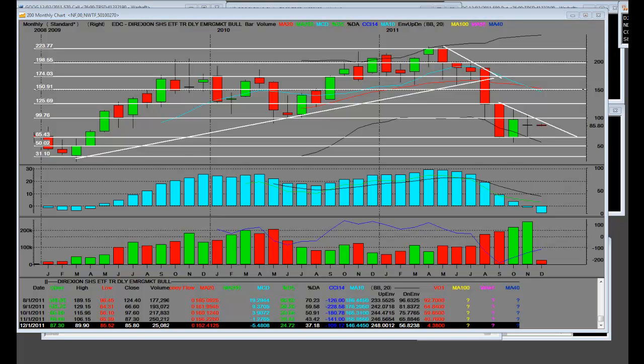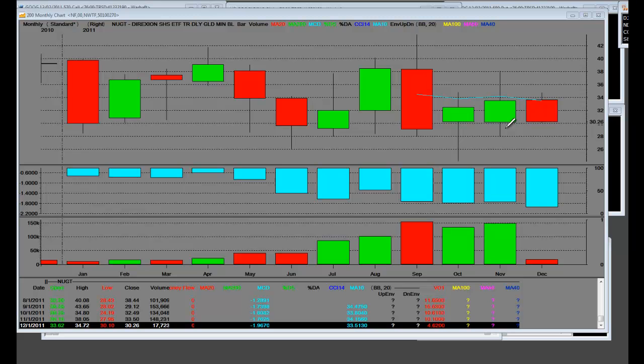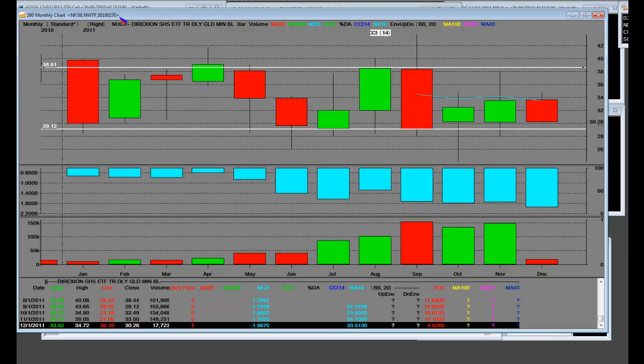There's another one that's very important for you, and it's going to be this. Look at this one. It's something that you want to watch because it too has its tops, and it's the NUGT ETF. It's a daily, it's a GLD miners.